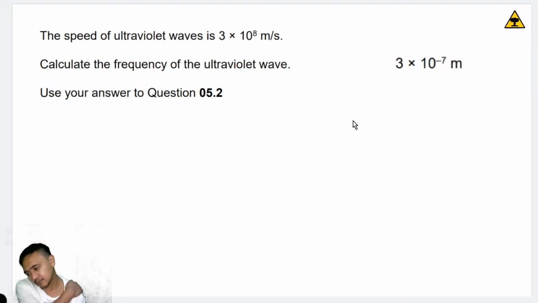So 3 times 10 to the power of 8 equals the frequency times 3 times 10 to the power of negative 7.